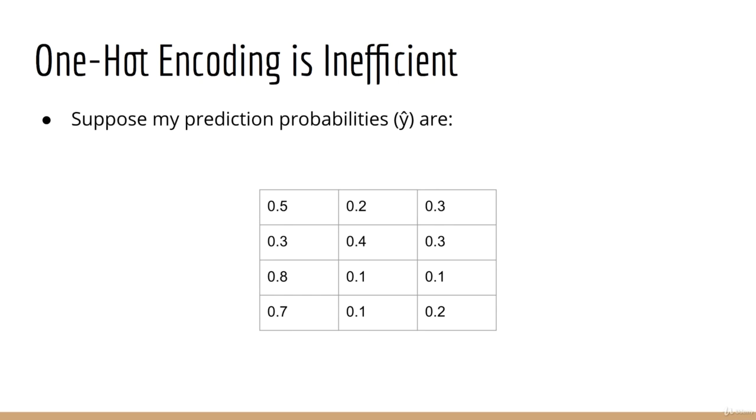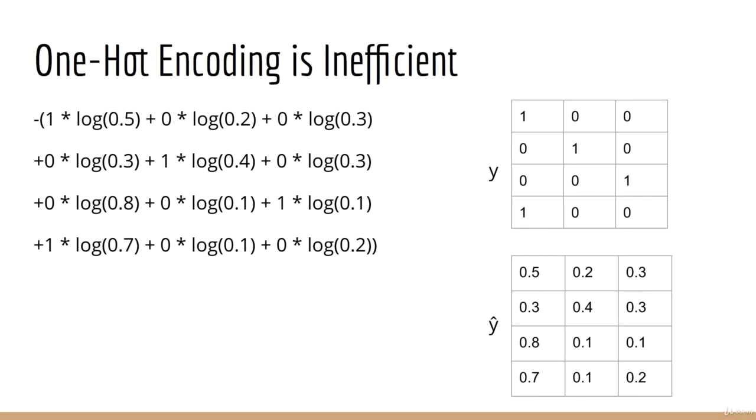Now, suppose my prediction probabilities, also an n by k matrix, are as follows. So for each sample and each class, I have an associated probability. It's the probability that I think the input belongs to that class. After applying the categorical cross-entropy formula, we get this value for the cost. Now you might be thinking, that is a whole lot of multiplying by 0.